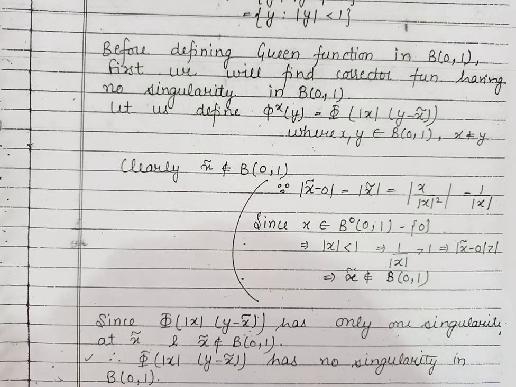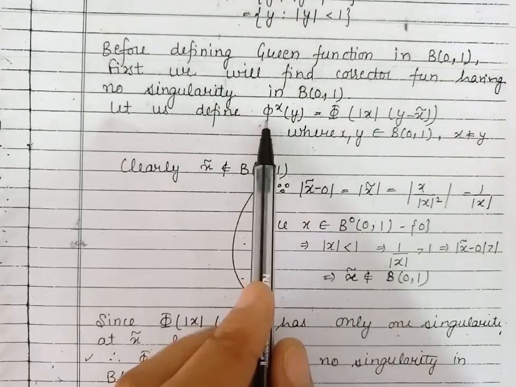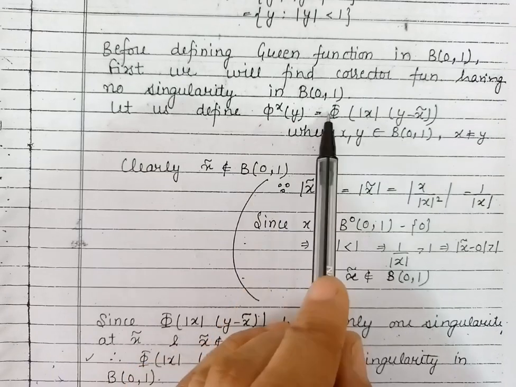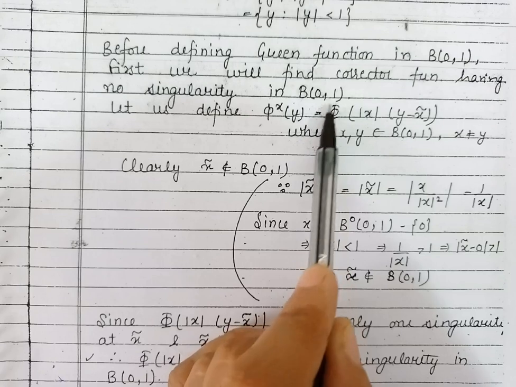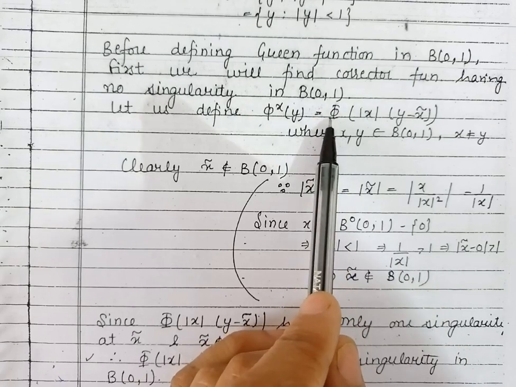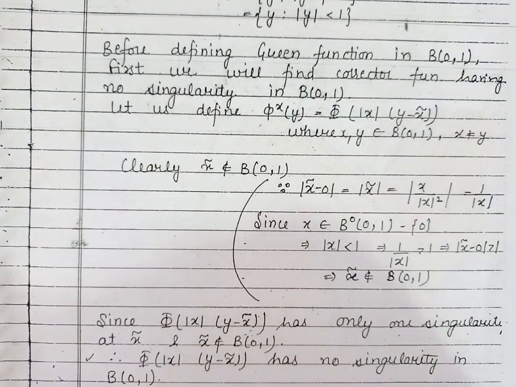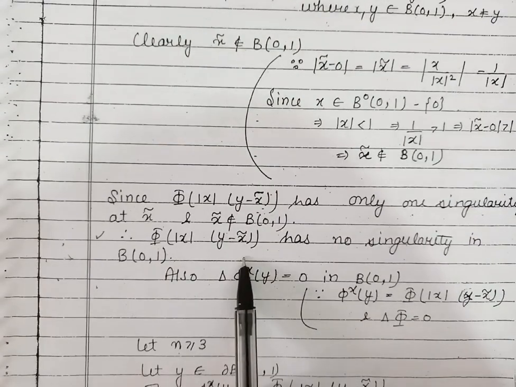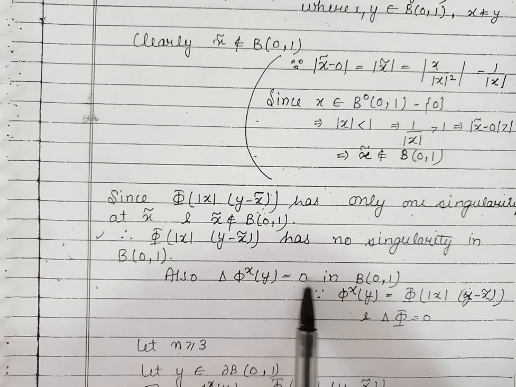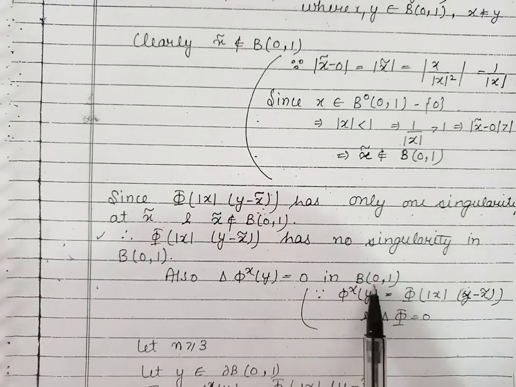Now if we find the Laplacian of this function, that will become the Laplacian of phi, and this phi is the fundamental solution of Laplace equation. So we can say that the Laplacian of the function phi x is 0 in the unit ball.